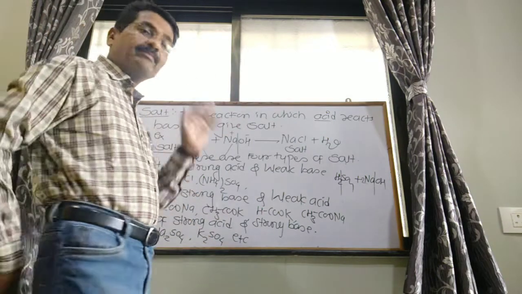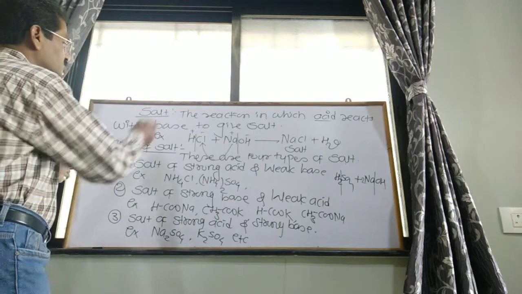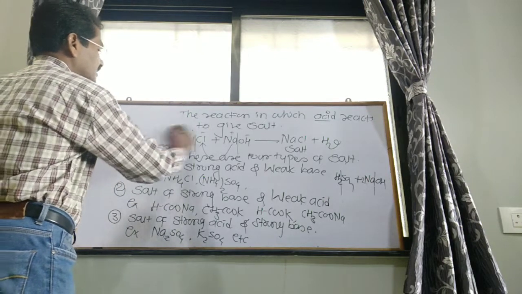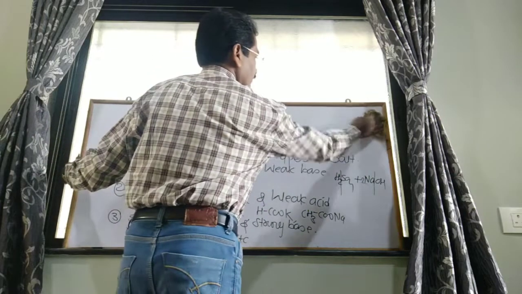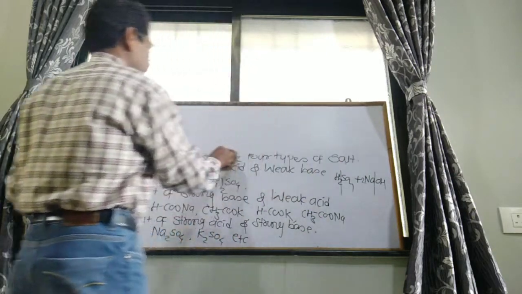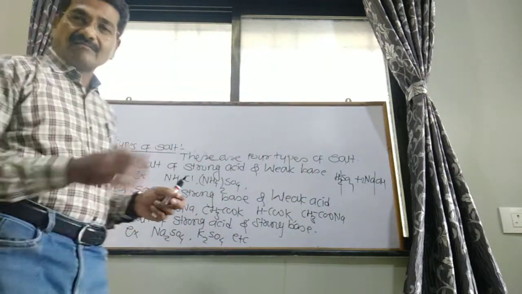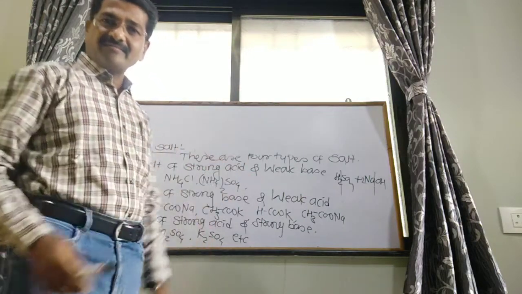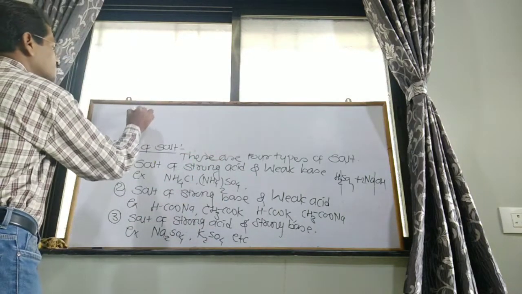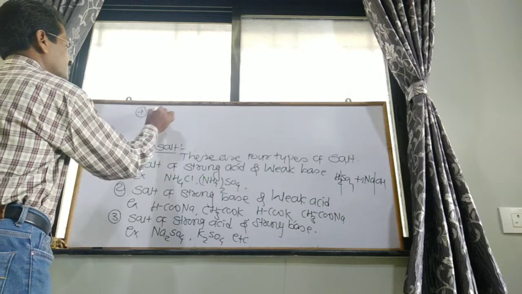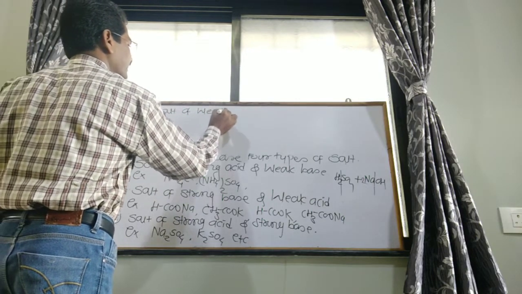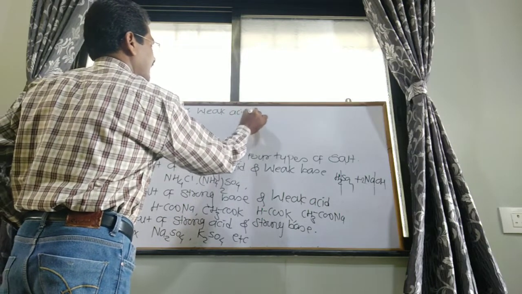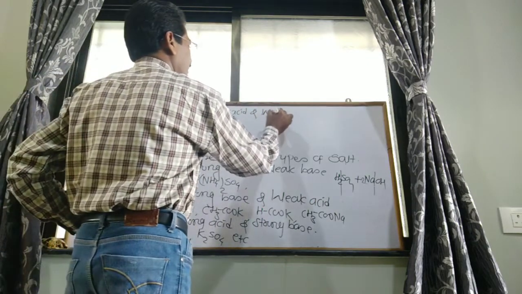And the last type of salt is the salt of weak acid and weak base. Both the acid and the base are weak. So the fourth type is the salt of weak acid and weak base.